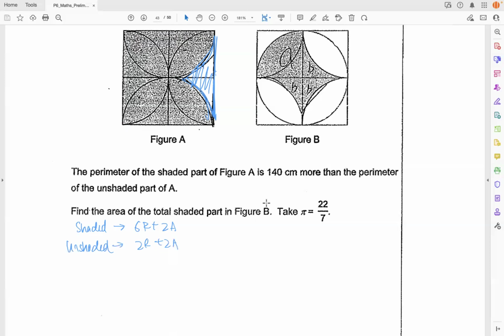So the question provides that the difference between the perimeter of the shaded and unshaded is 140. So let's compare the difference. Okay, I compare these with this. 2 arcs is the same as 2 arcs.